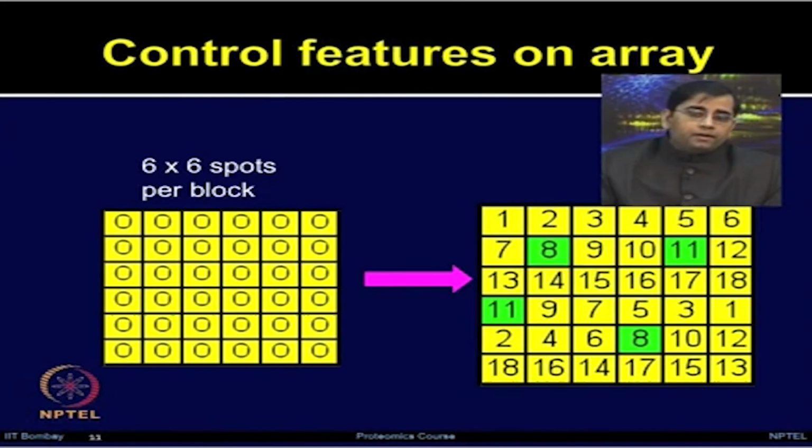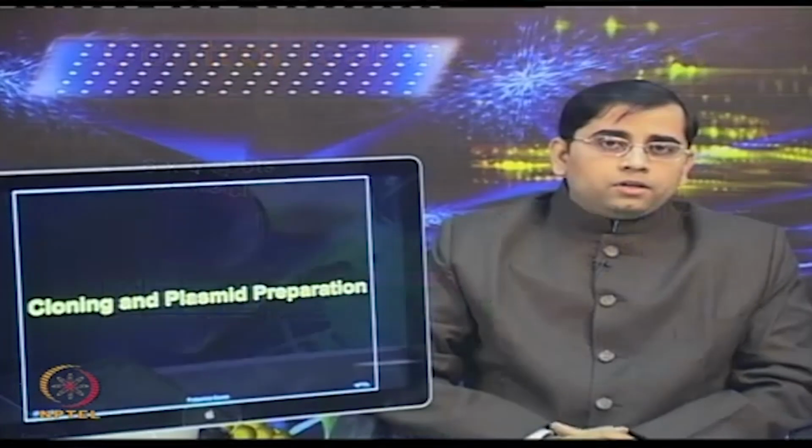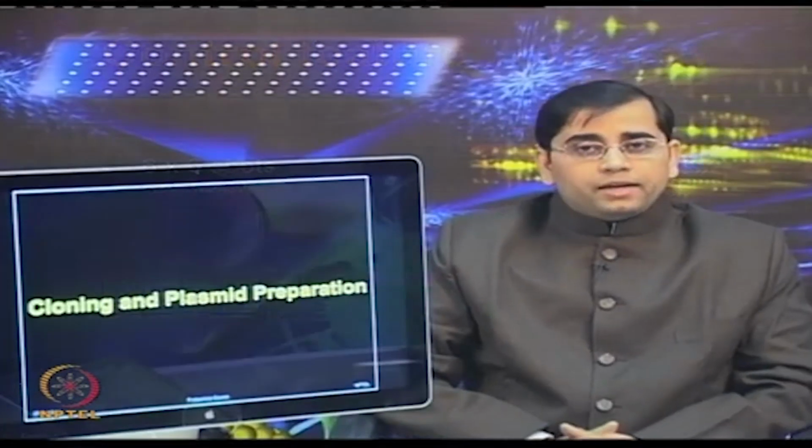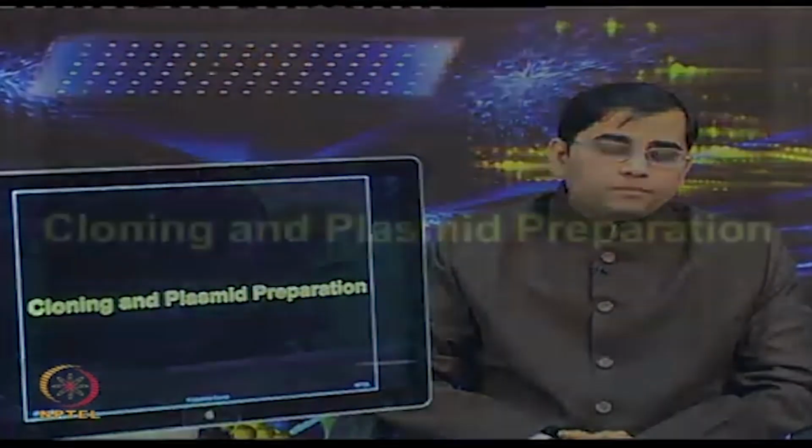So, for example, here one can use different types of control features: non-spot, no DNA control, a mouse IgG, GST protein, human IgG, EBNA, etc. As I mentioned, it all depends on the objective of your experiment and then suitable controls can be incorporated in the array map.